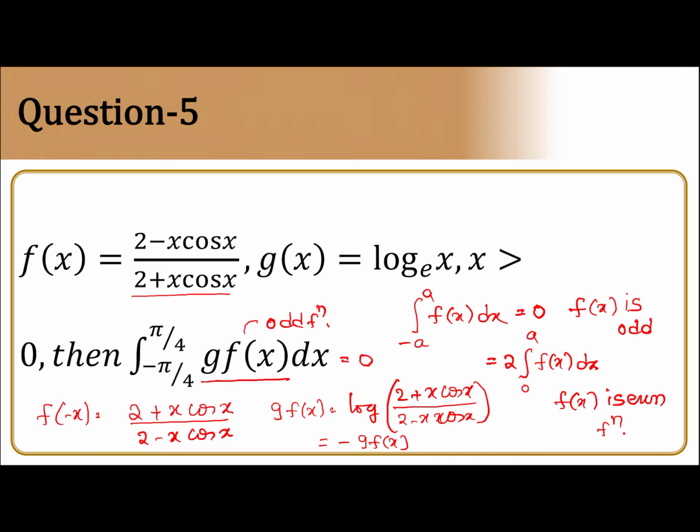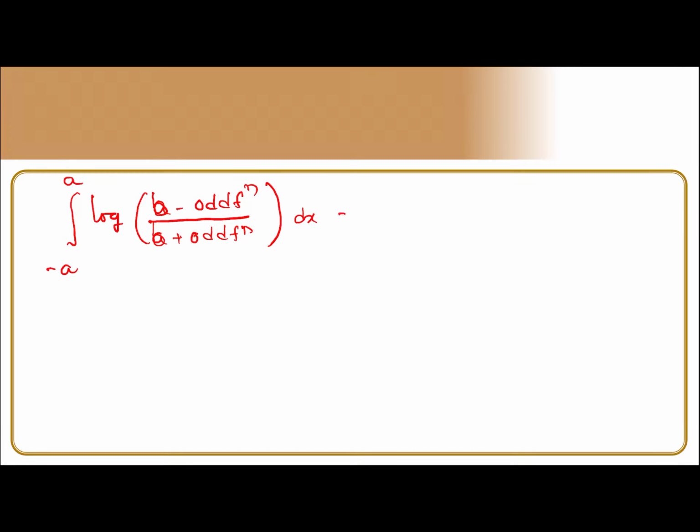The concept behind it is that log of a minus odd function over a plus odd function, if we integrate from minus a to plus a, or this is some b, you take it, both are different, this dx always has value 0.